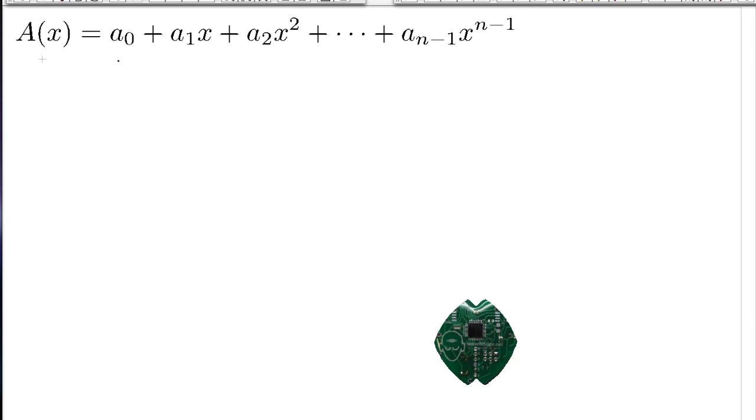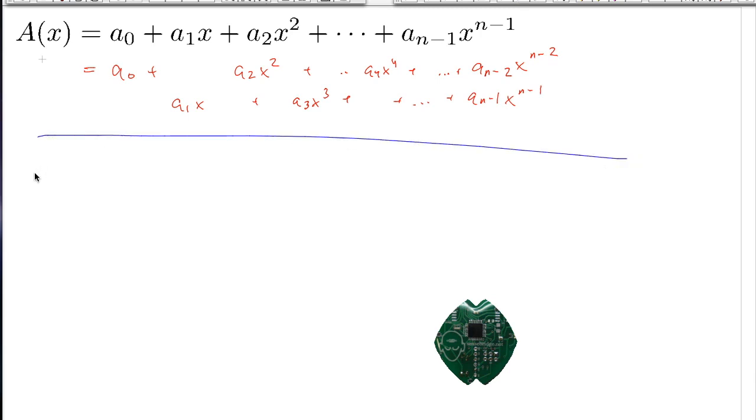The algorithmic insight is to rewrite A of x as a sum of the even parts and a sum of the odd parts. I'm just going to define a function called A even. Let's call it A even of y.